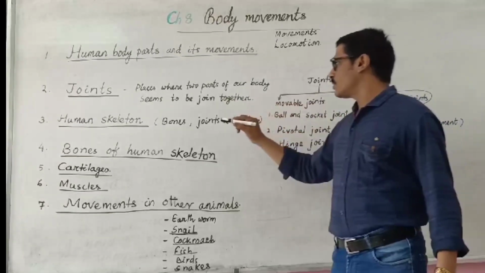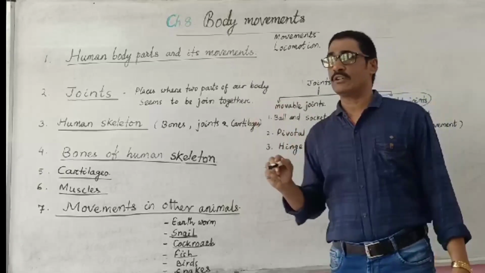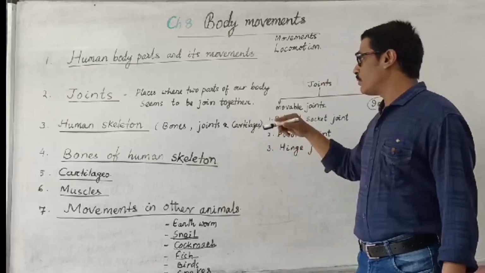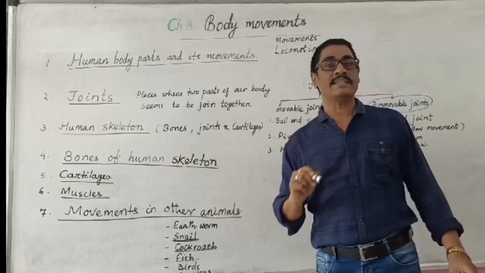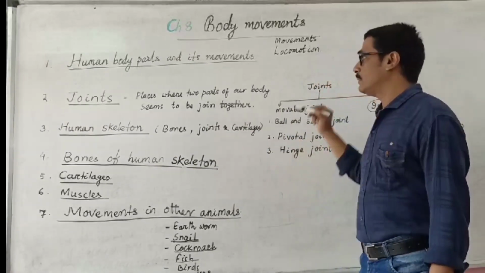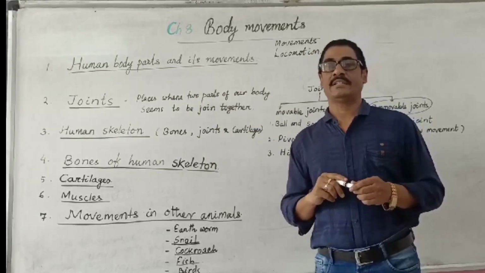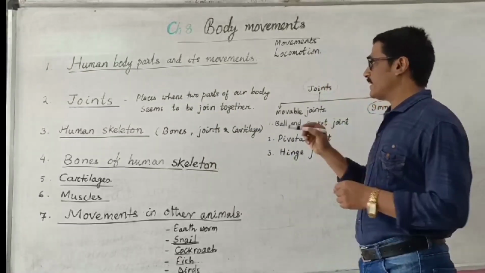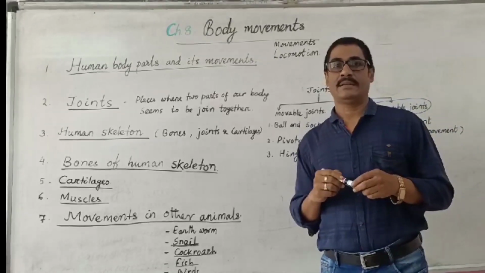So bones, joints and cartilages form the human skeleton. Before we go into the different types of bones in the human skeleton, let us know first about the joints. What are joints? Joints are the places where two parts of our body seem to be joined together.